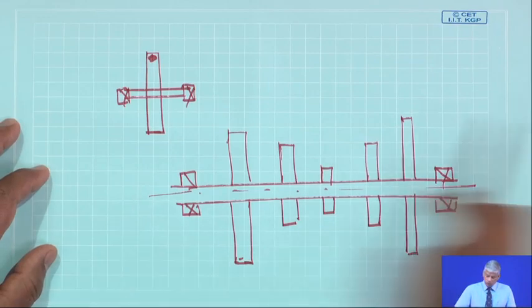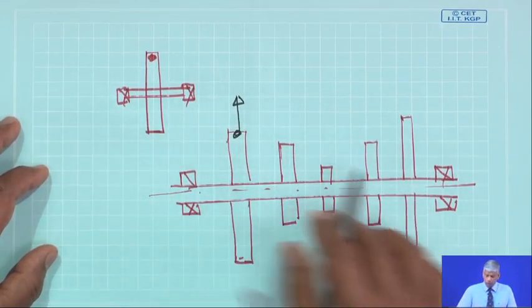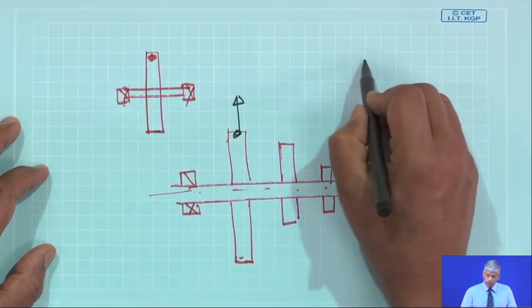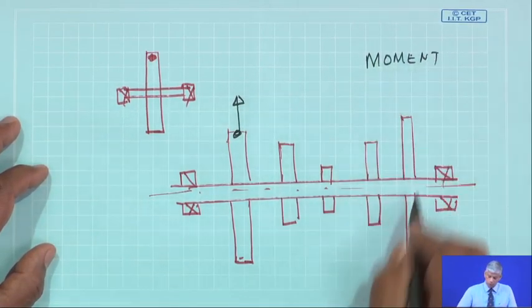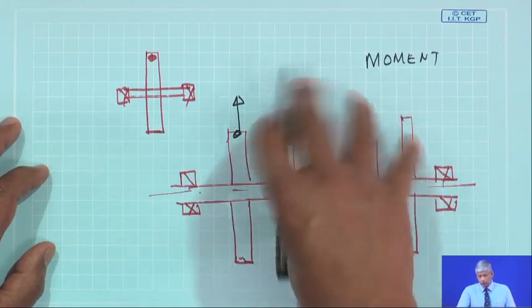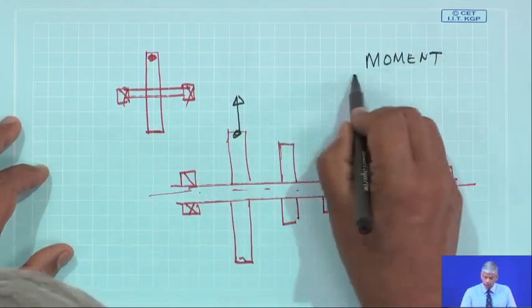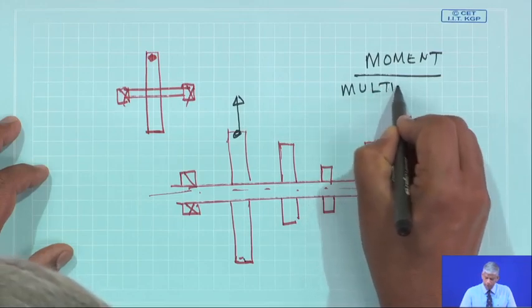And so, unbalance here in any plane is going to give rise to a couple, it is going to give rise to a moment. So, if I put an unbalanced mass here, this also will give rise to a radial moment. So, this has to be done by what is known as multi-plane balancing.